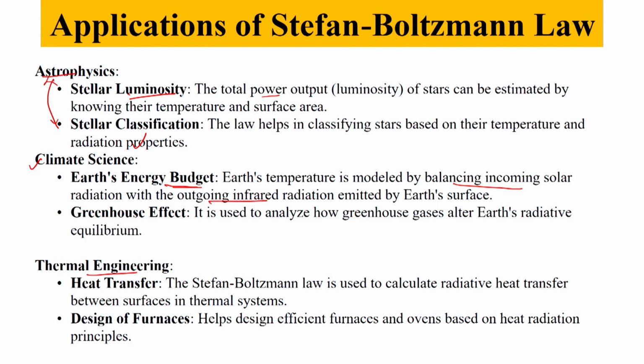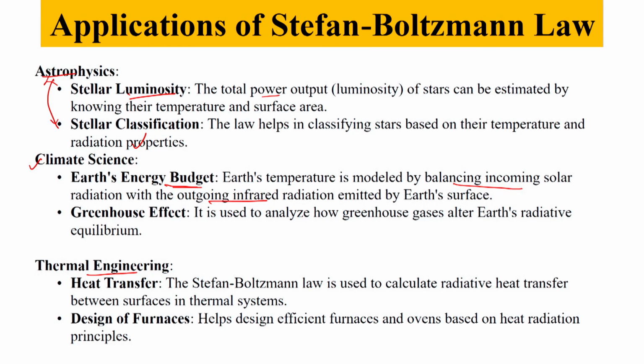This is also helpful in understanding the greenhouse effect after Earth's radiative equilibrium, because this is where we got the clue that if you just assume Earth's energy balance, the temperature would have been minus 19 degrees centigrade, which is about 35 degrees centigrade lower than what we have observed.